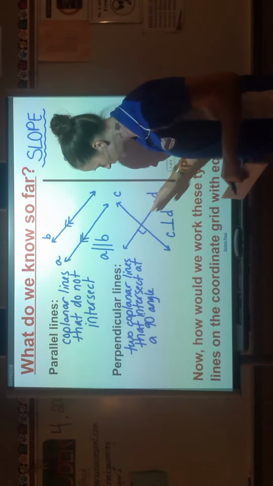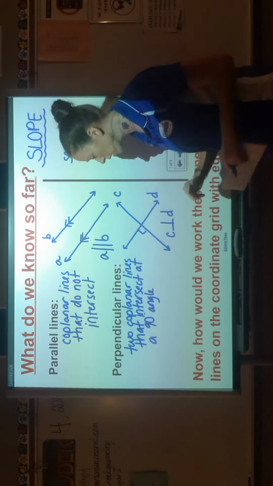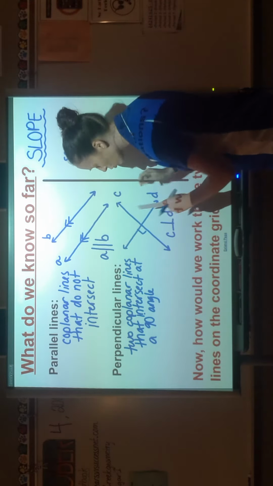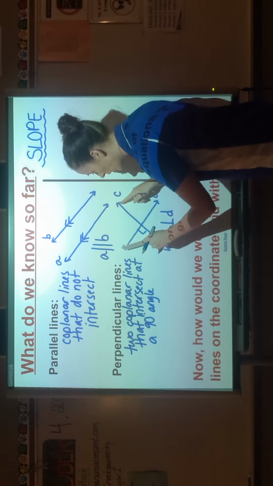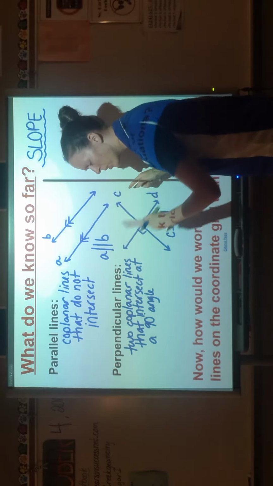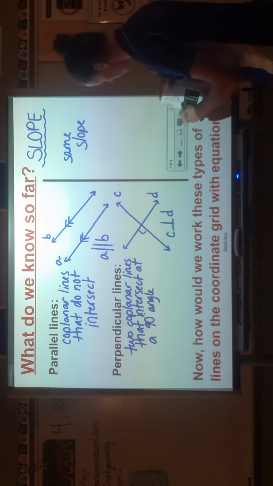Perpendicular, I see a negative slope and a positive slope, so opposite signs there. And I also see that as they're traveling away, if they're truly traveling away at 90 degrees, wouldn't their rise and runs be flip-flopped? Okay? Wouldn't their rise and runs be flip-flopped?